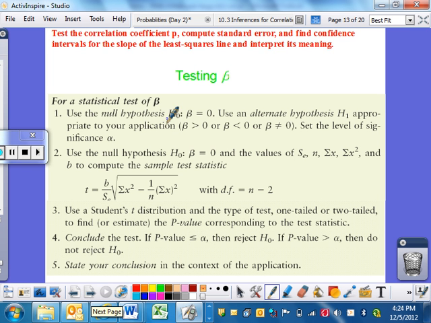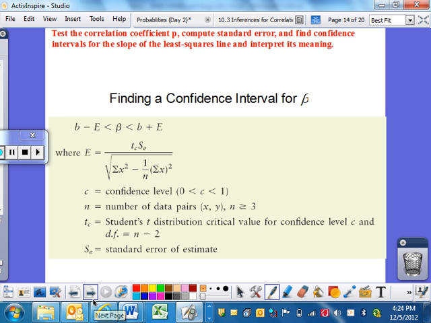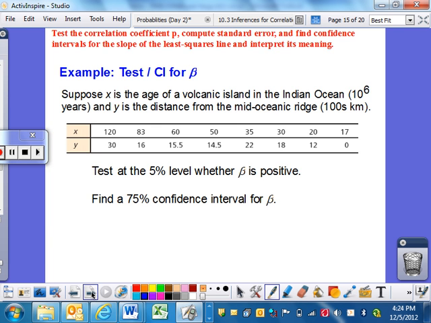How do you set it up? Null hypothesis. We're testing beta now, which is always going to be something equal to 0 in this chapter, and then it's the 1 or 2-tailed test, no different than chapter 9. Here's your t-score that you need to use as the formula on your paper, and then you finish it no different than any other test we've done in this class. I'm actually going to come back and do the confidence intervals so you're not all messed up.